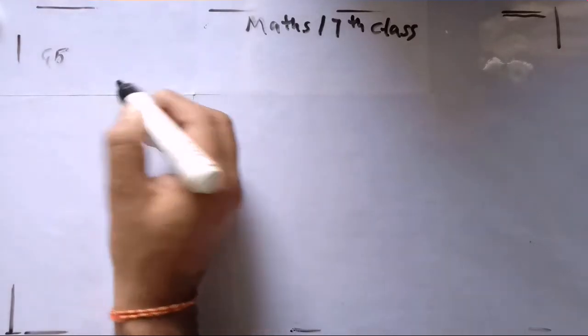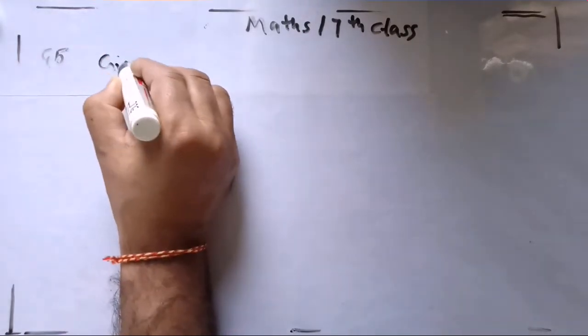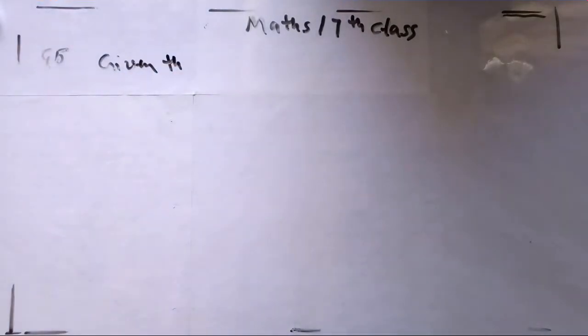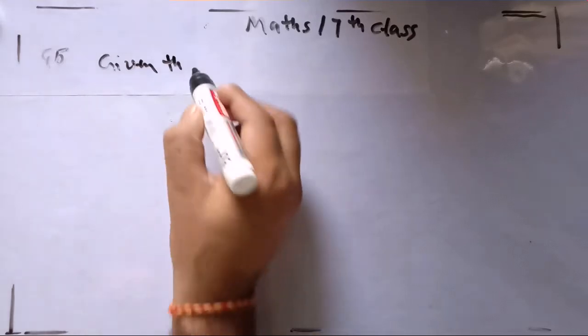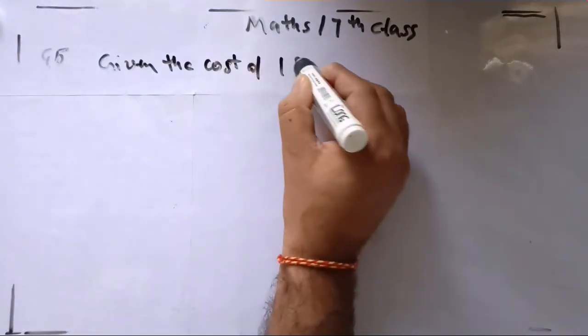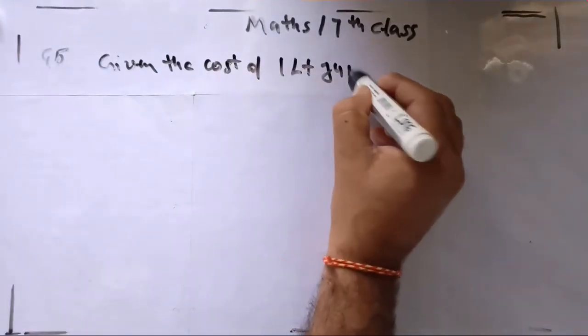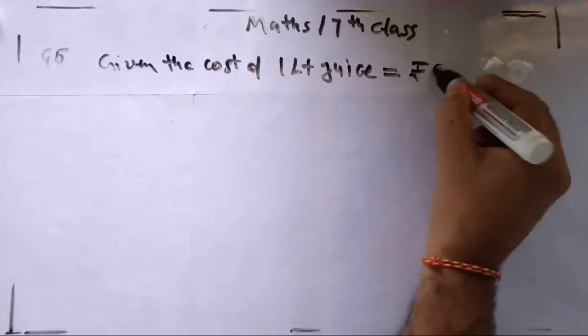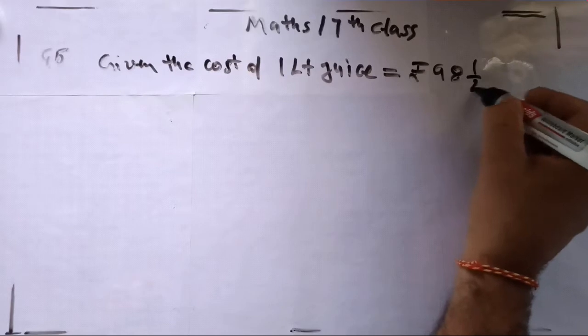So beta, you have given the cost of 1 liter juice is equal to rupees 98 and a half.